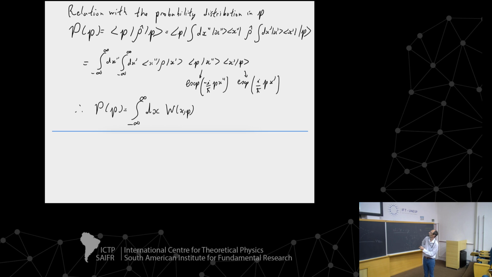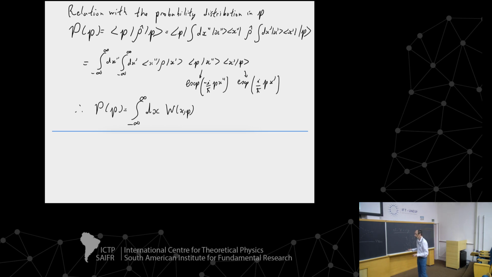As a result, at the end of the day, the probability of getting P is given by the integration in X of your Wigner function. So this marginal distribution works in both conjugate ways, in X and P.